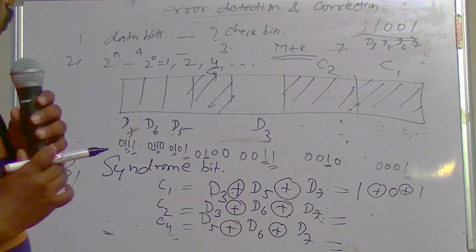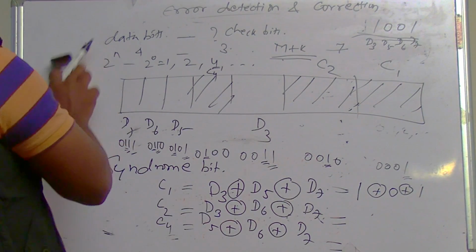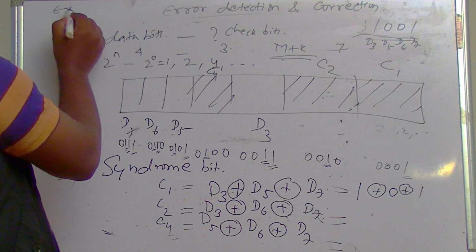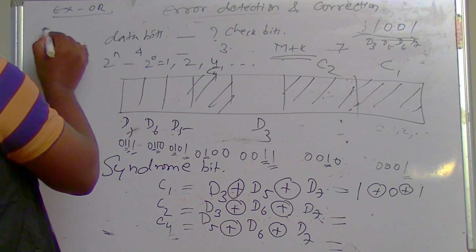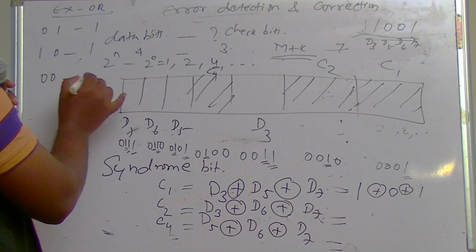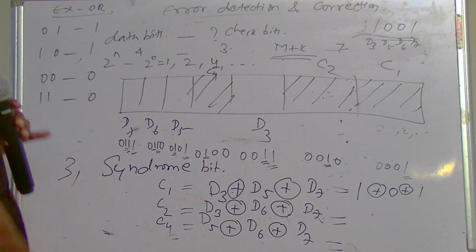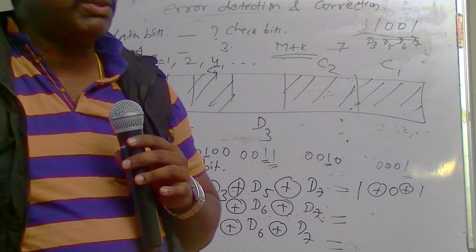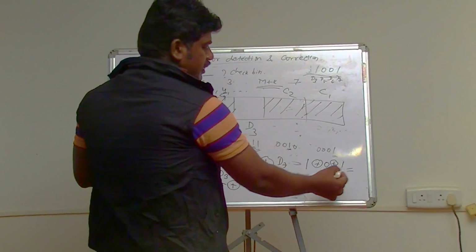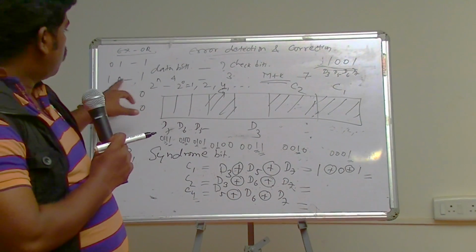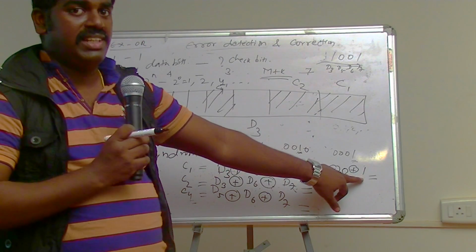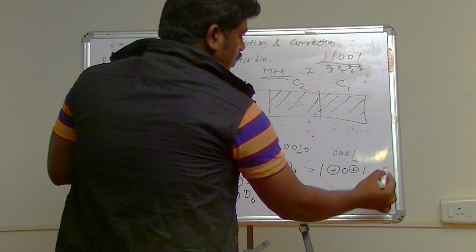The exclusive OR works like this: 0 1 gives 1, 1 0 gives 1, 0 0 gives 0, and 1 1 gives 0. Substituting the values, 1 exclusive OR 0 is 1, and 1 exclusive OR 1 is 0. So we get the result 0.